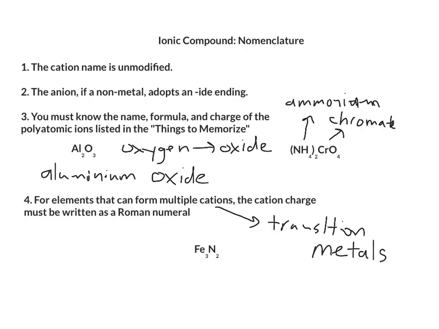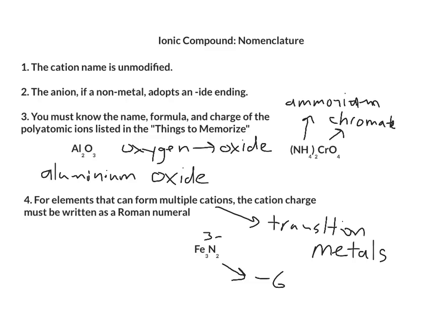Nitrogen, look on your periodic table, in an ionic compound forms a 3- charge. You have 2 of them. So the overall negative charge contribution is -6. 2 nitrogen anions times -3 is -6.